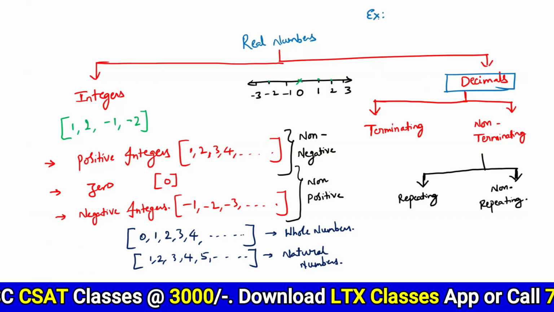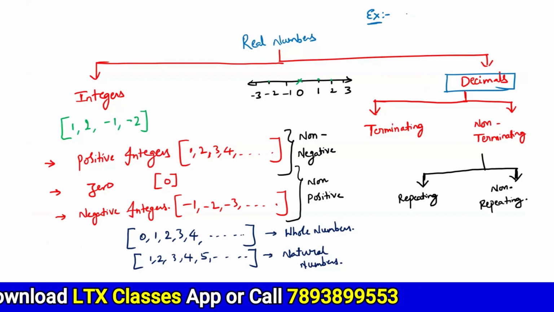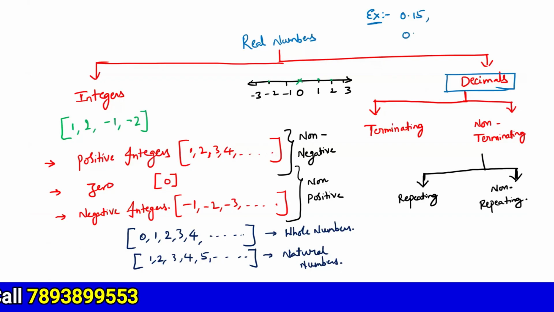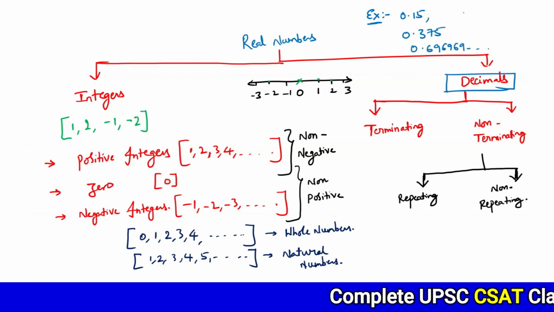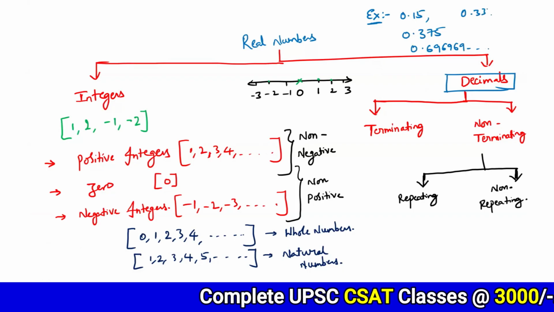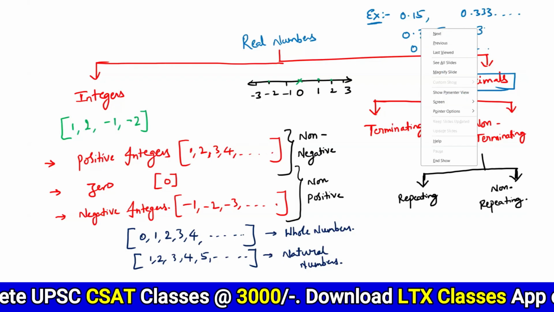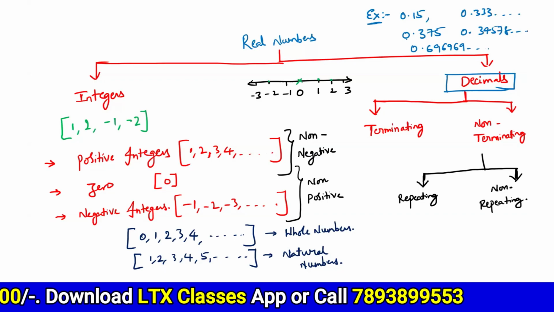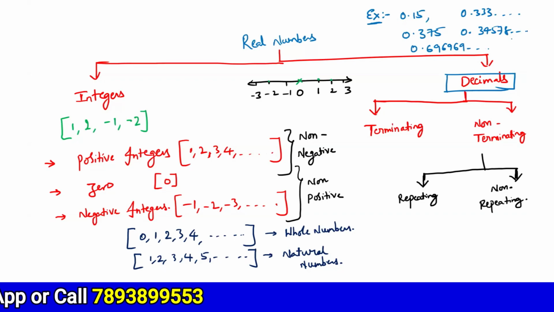Give me the examples for all the types of decimals. 0.1, 0.2, or else we can write 0.15, 0.375, or else 0.69, 69, 69, and so on, or else 0.3333, and so on, or else 0.3457, like this. So there will be different types of examples regarding decimals. And again, we have to further segregate all these types of decimals.